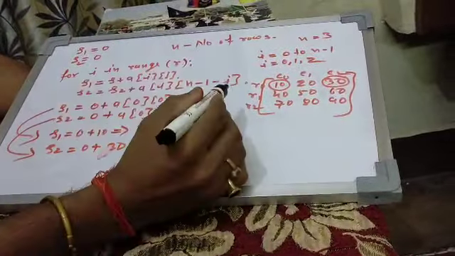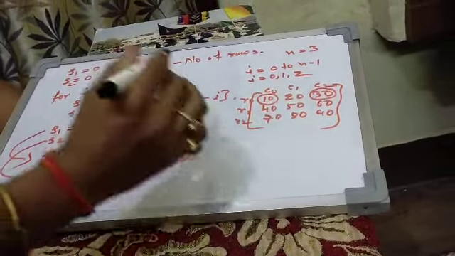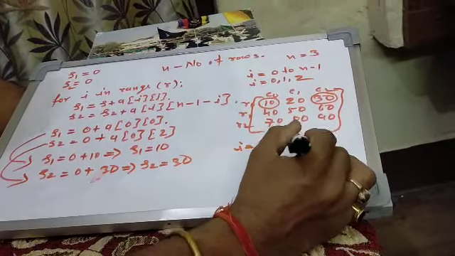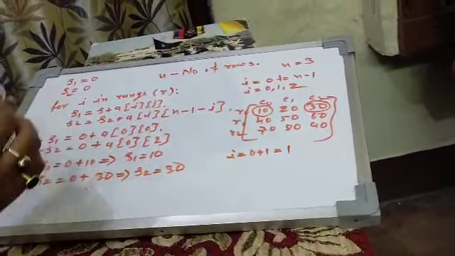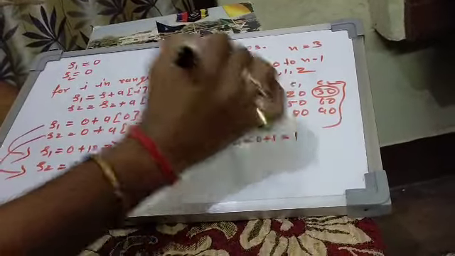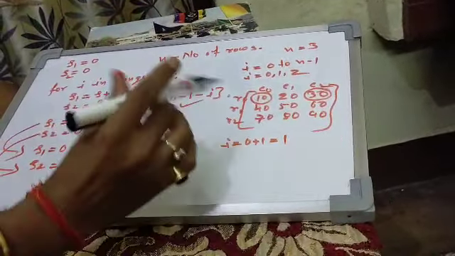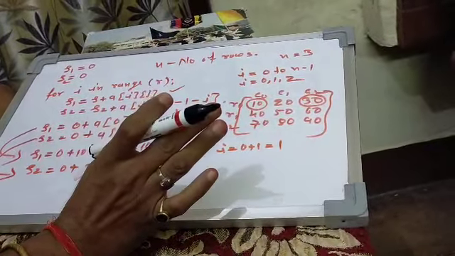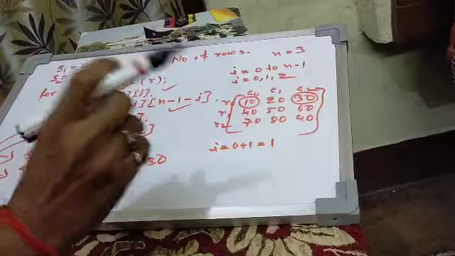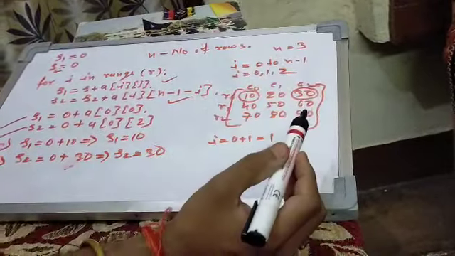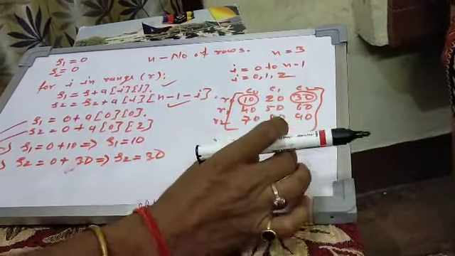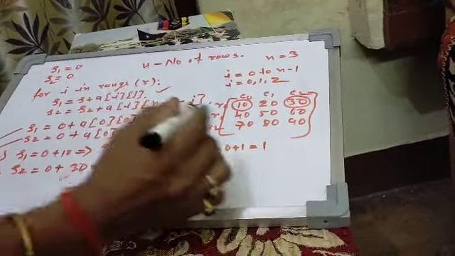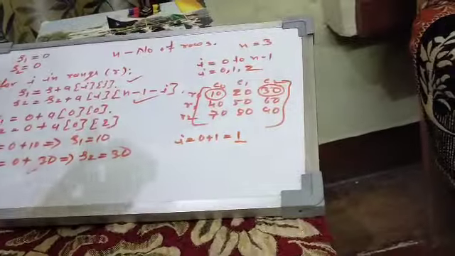Now the loop will be incremented. Now the value of I will be 0 plus 1 is equal to 1. Again both the statements will be executed, because the value of I is less than or equal to n minus 1. So the value of I is 1.